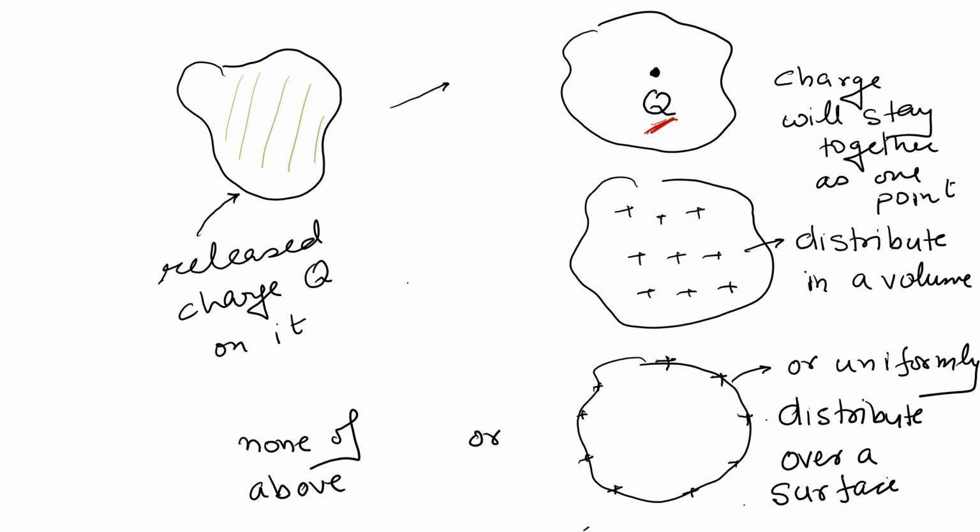You can also prove that these two are completely wrong. How? Just apply Gaussian surface. If the charge is sitting inside the conductor, inside the volume of the conductor, then this cannot be true.